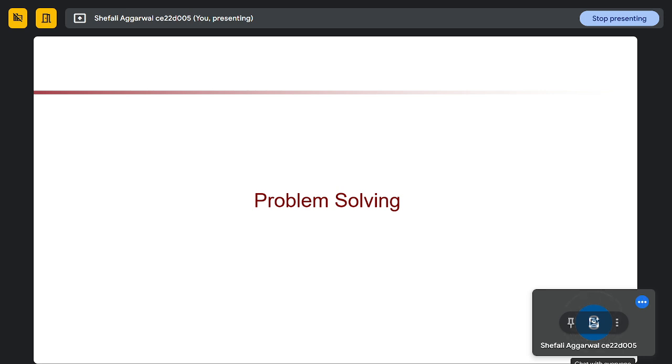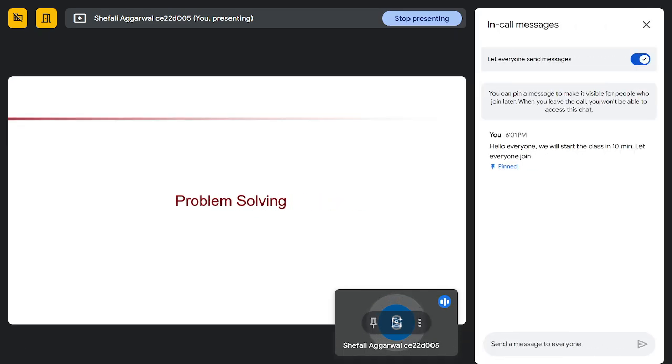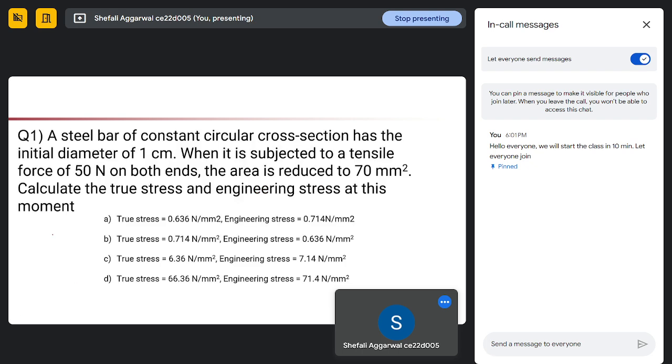If you guys have no question, then I'm assuming that whatever has been taught in week two is clear to everyone. So, we will see the different questions. The first question is: a steel bar of constant circular cross section has the initial diameter of 1 centimeter.